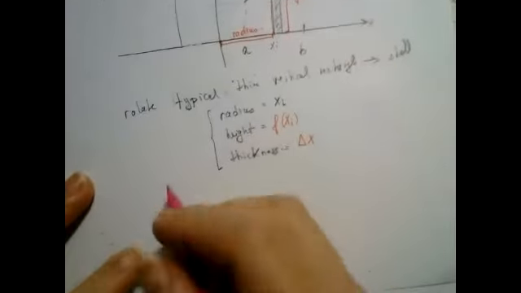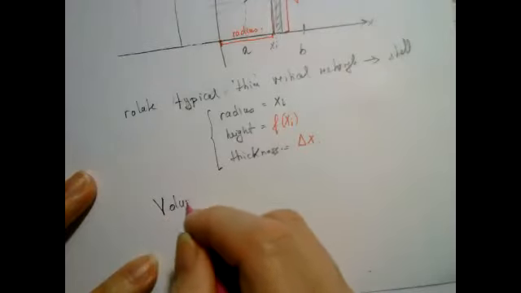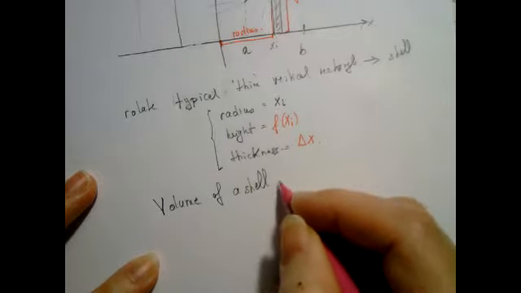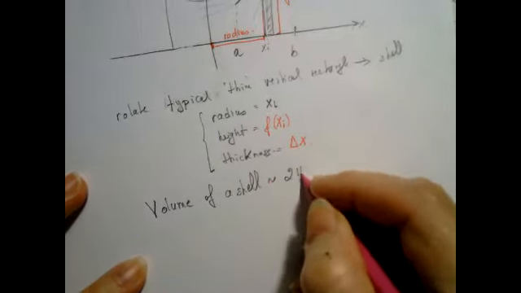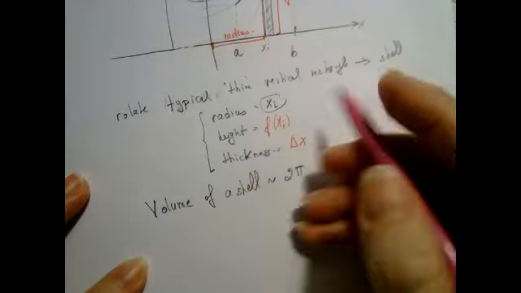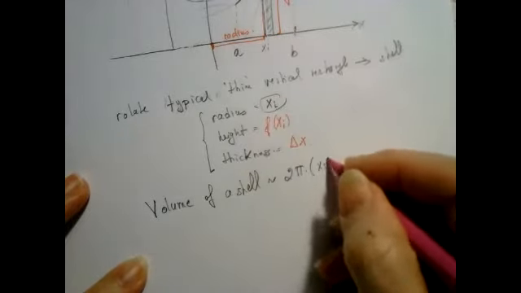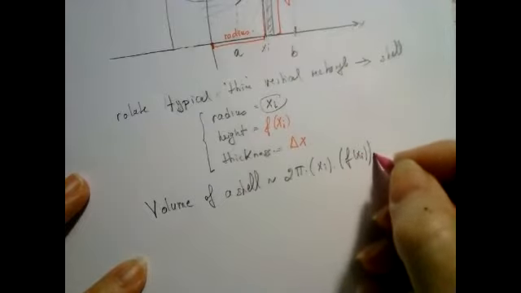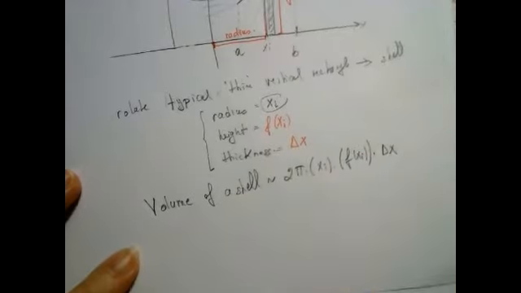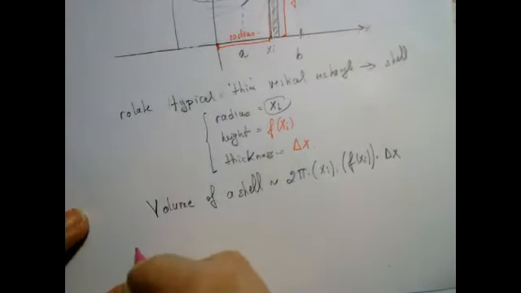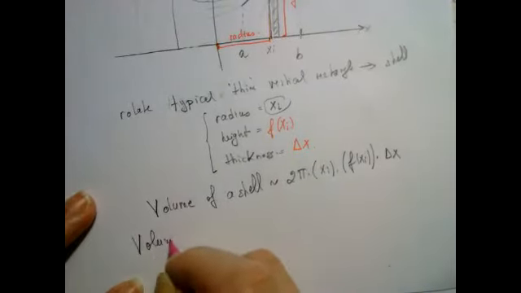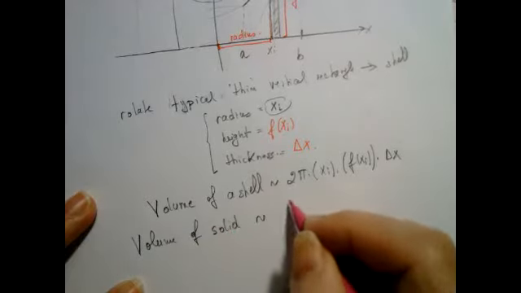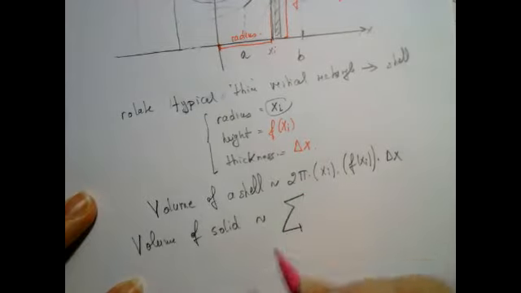So volume of a shell now. Volume of a shell is almost equal to 2 pi times the radius times the height times the thickness. That's the volume of the shell. So the volume of the solid could be approximated by the sum of those shells.